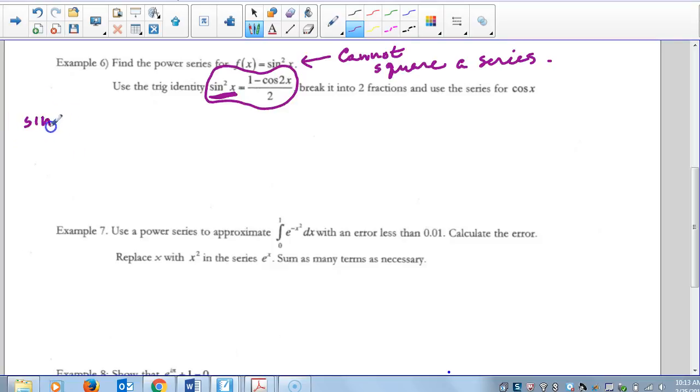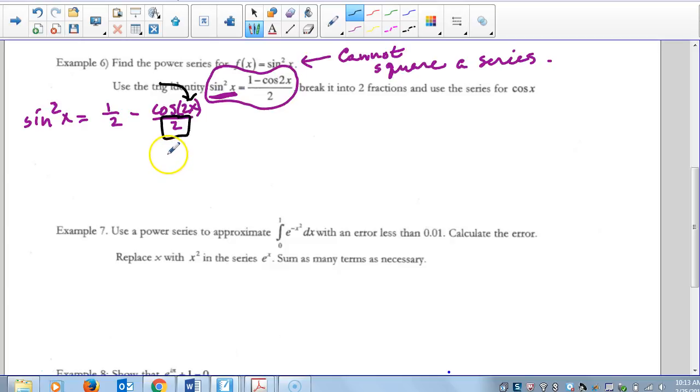Sine squared x is 1/2, actually, yeah, 1/2 times cosine 2x over 2. So I'm going to be substituting 2x in to my cosine series, dividing it by 2. So I'll always have a 2 on the bottom plus whatever factorial is there.